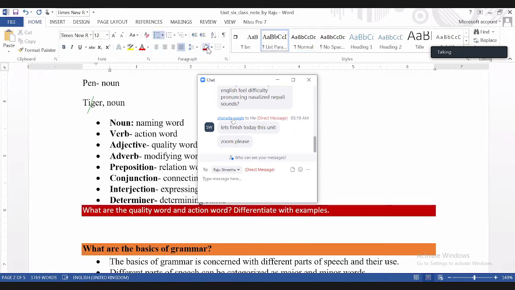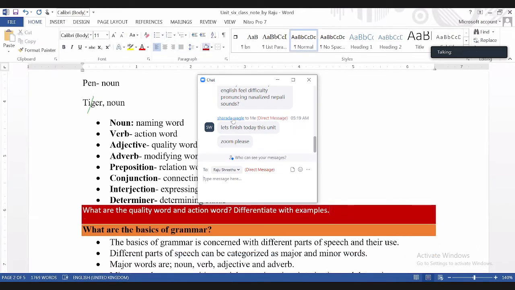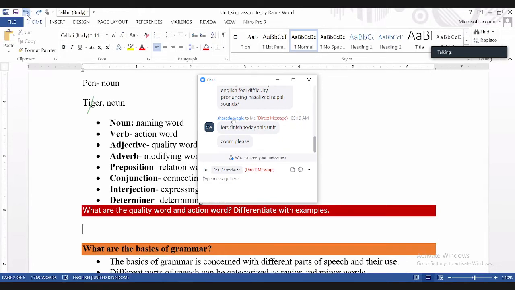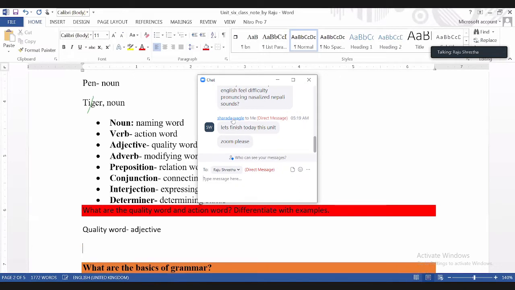Now you check. We have quality words and action words. What we have to understand is quality word means what? This is adjective, adjective or quality word भन्ना अथवा यहाँ describing word पनि भन्ला हैन.